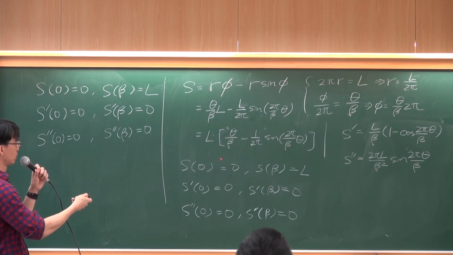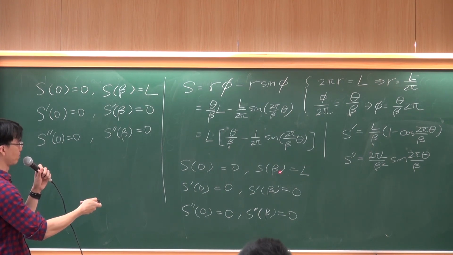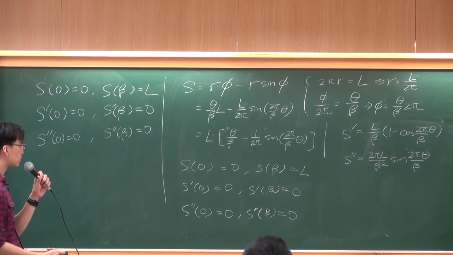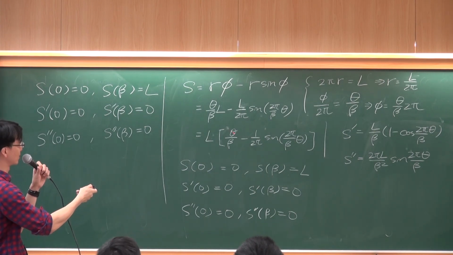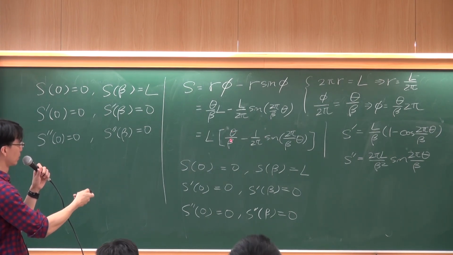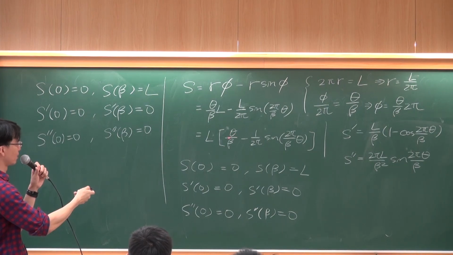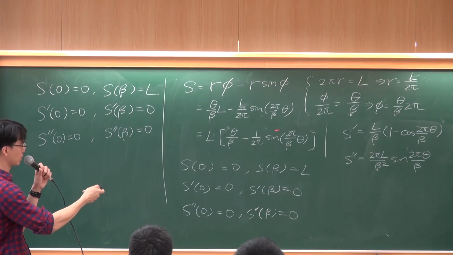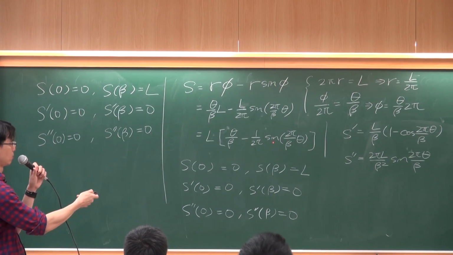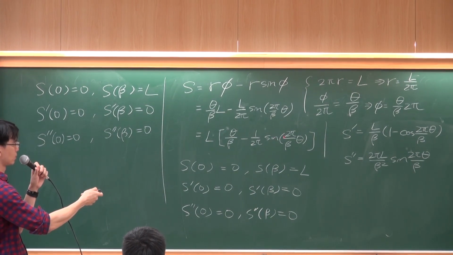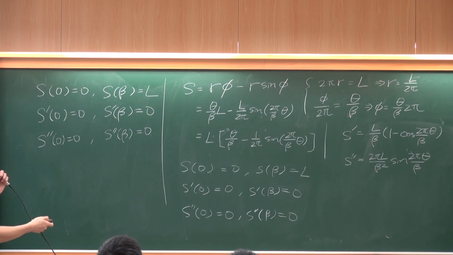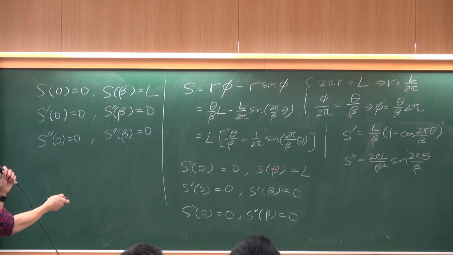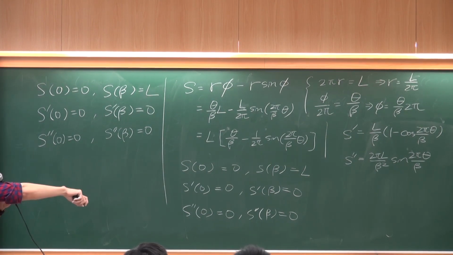So you will get S of 0 equals L. And if you substitute theta with beta, this one will be 1, and this term will still be 0, because it will just be sine 2 pi. Sine 2 pi is 0. So the second term is 0. So you'll get S of beta equals M.